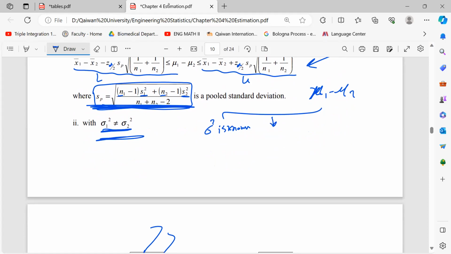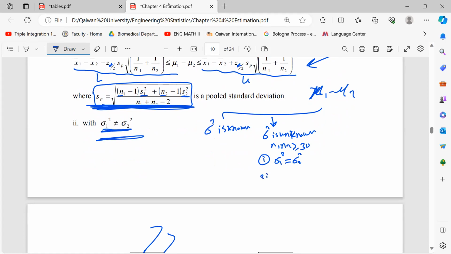then what if sigma squared is unknown? But n1 and n2 are greater than or equal to 30. And here we have two subcases. Case 1, if sigma 1 squared is equal to sigma 2 squared.